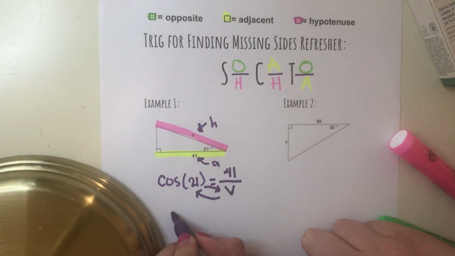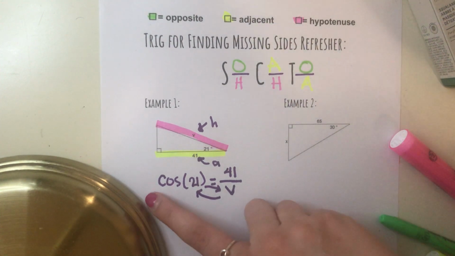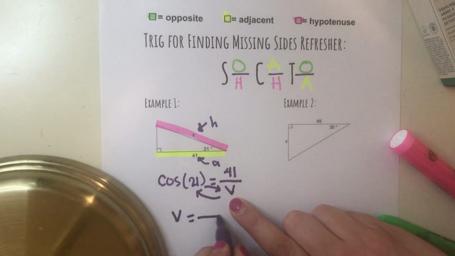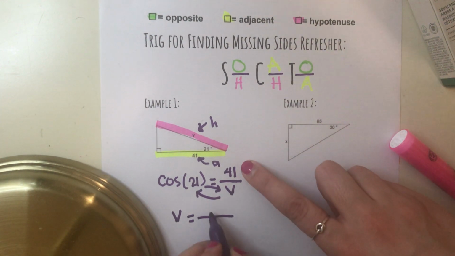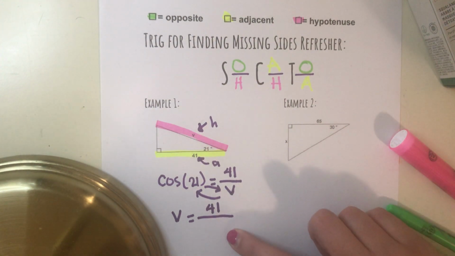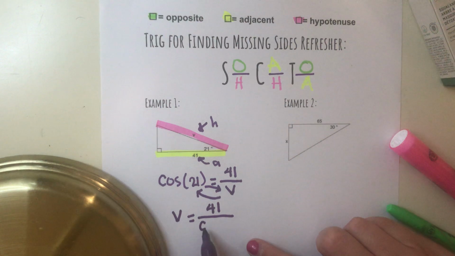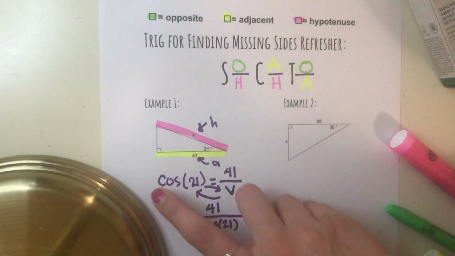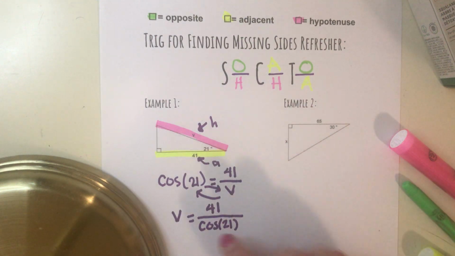So here, instead of writing cosine 21, I'm just going to write V equals 41, which was not involved in the switch, so it stays in the denominator. The whole term cosine 21 moves down to the bottom of my fraction, and the letter V goes on top.